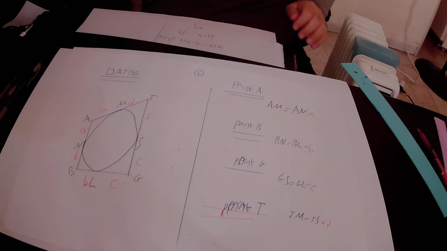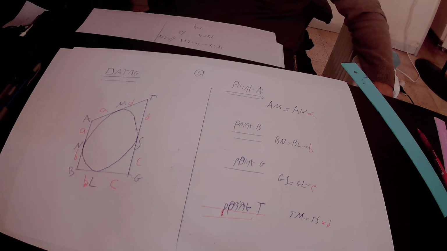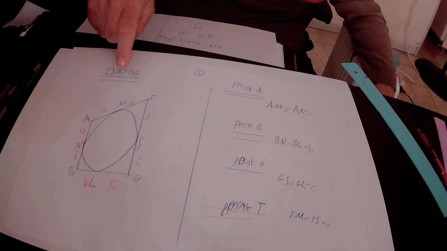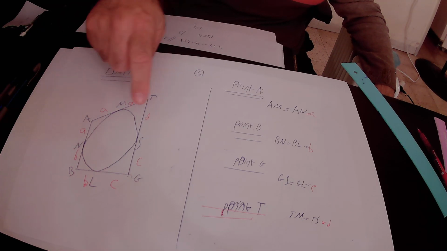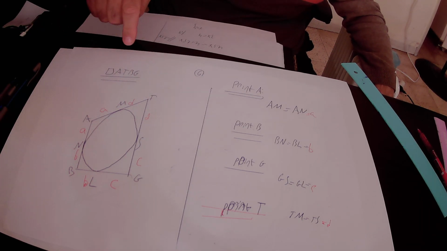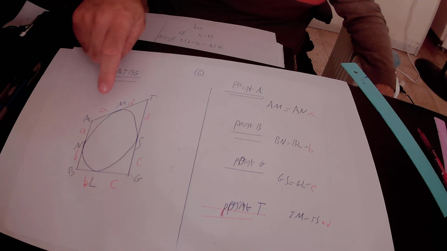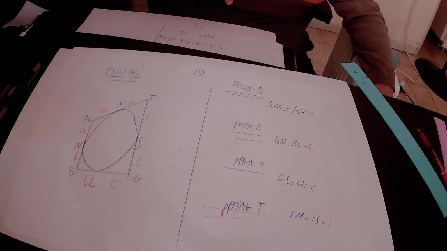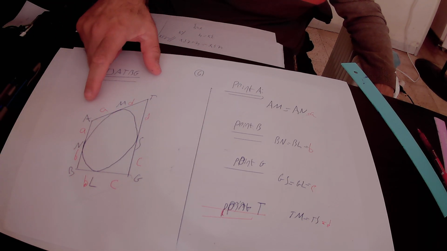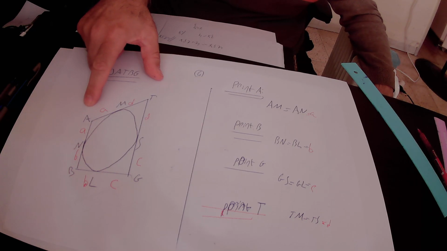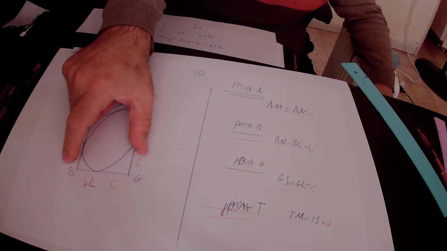Then we add side AT to side BG in this quadrilateral ATBG. Again, AT plus BG. The length of AT is a plus d, and the length of BG is b plus c.